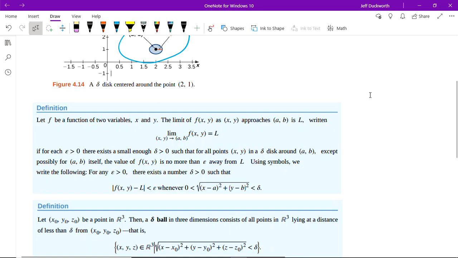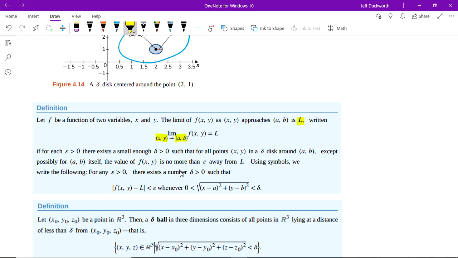So we've got a more formal definition down here. You have a limit at some value L if the limit as the ordered point x, y approaches the given point A, B exists.